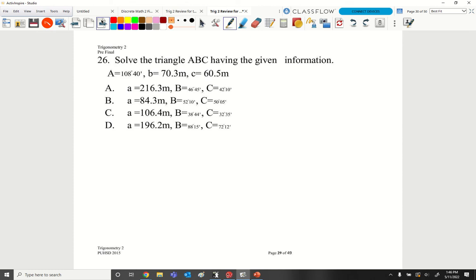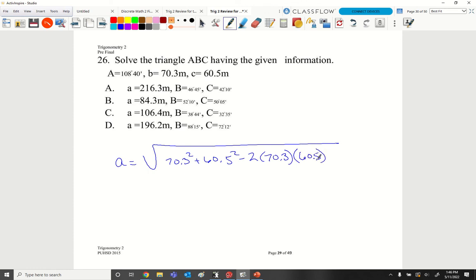Okay. So now I'm going to write it out. Little a is equal to the square root of, that's going to be BC, right? So it's 70.3 squared plus 60.5 squared minus 2 times 70.3 times 60.5 times cosine of A, which is 108 degrees, 40 minutes.